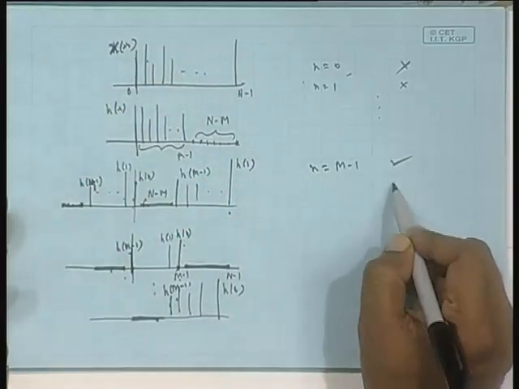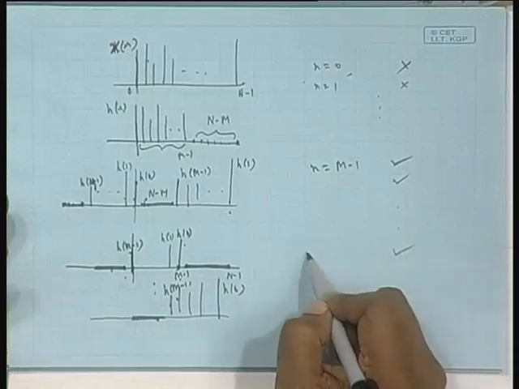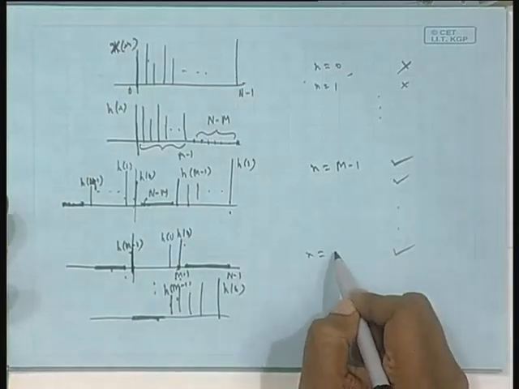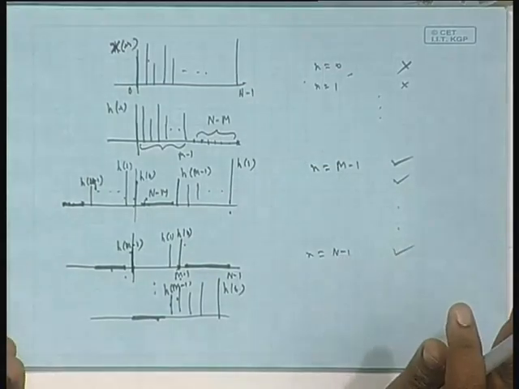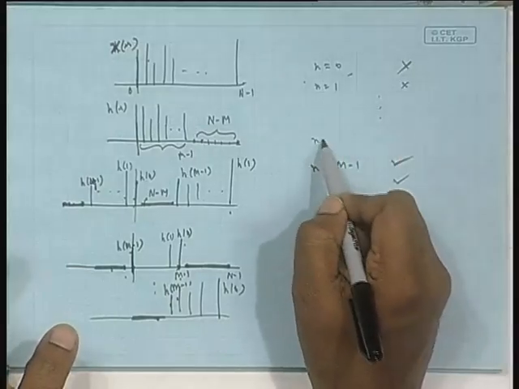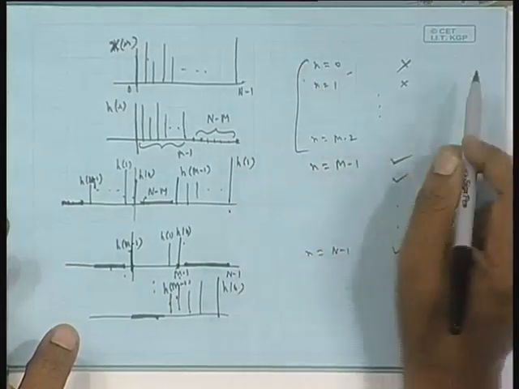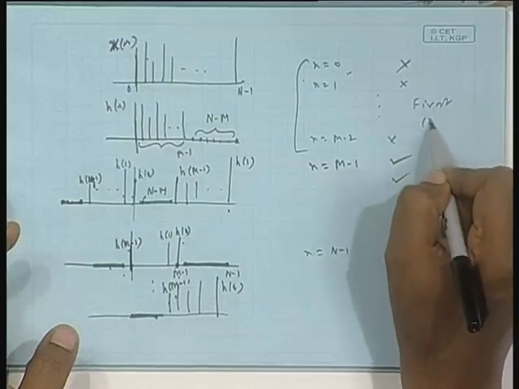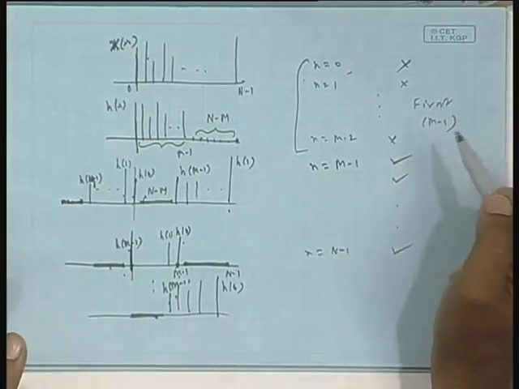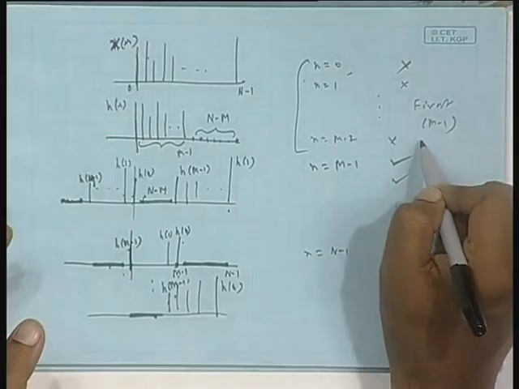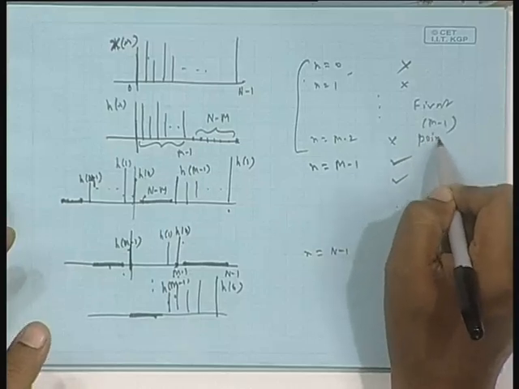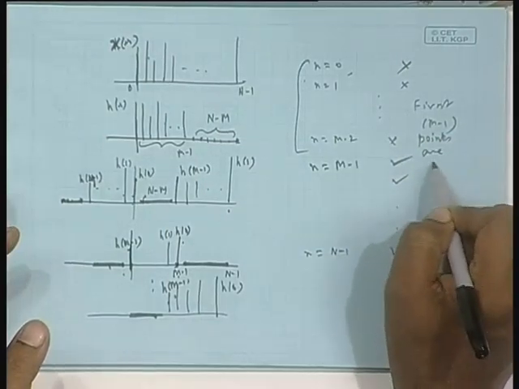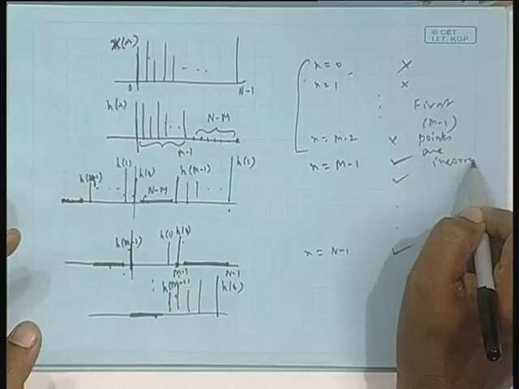So, from this point onwards till the end, till the last point n equal to n minus 1, I have got the correct result. So, how many? First m minus 1 points are incorrect. Okay.